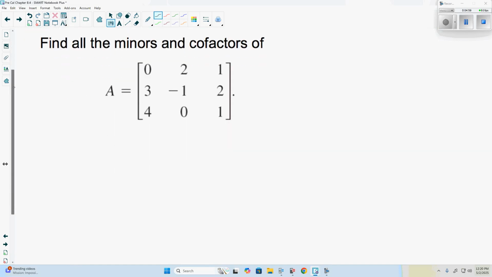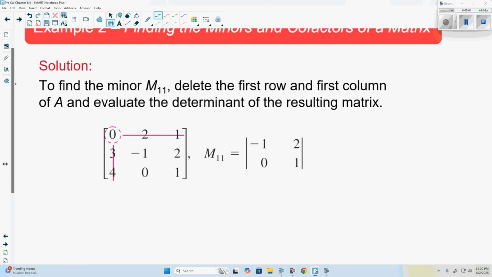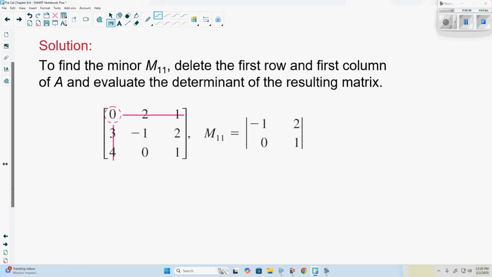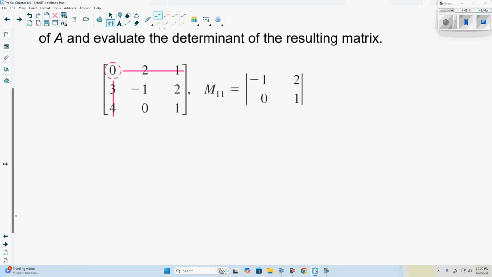So if we looked at this here, and we'll come back to it, the first one, 0, is what we have. And we do this with each row. So we take each row individually. When we take 0, what it leaves us with is this smaller matrix, which is a 2 by 2.